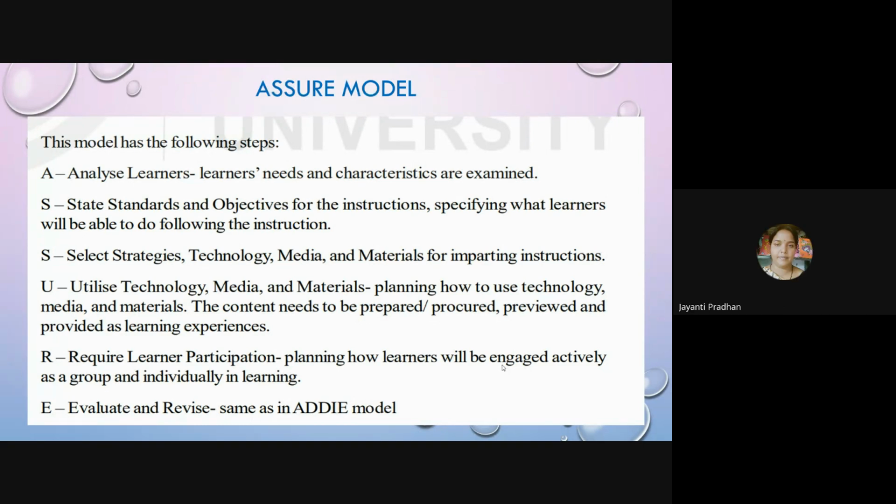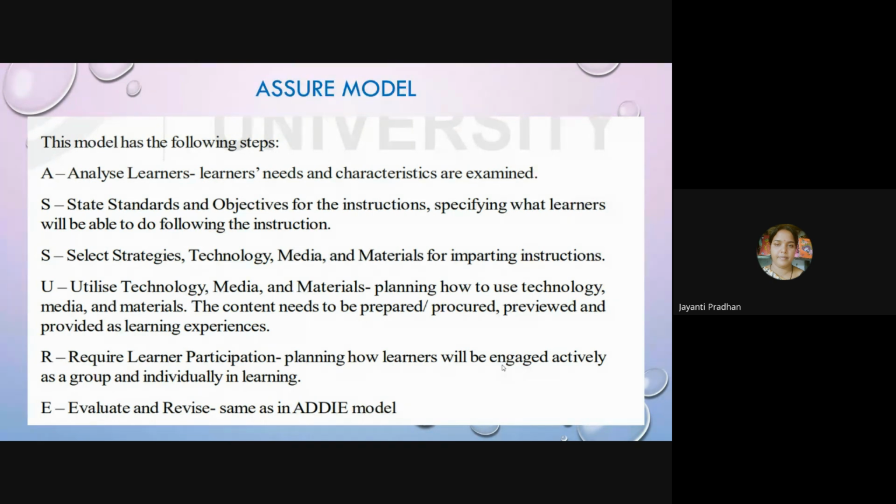I am reading once, you also read the points and tell me what is new in this model. Which step is new in this model? First one is analyze learners need. Second is state standards and objectives for the instruction, specifying what learners will be able to do following the instruction. The third one is select strategies, technology, media and materials for imparting instruction.